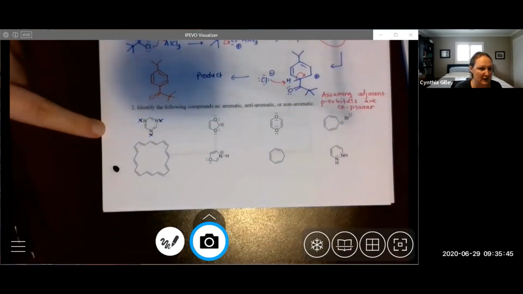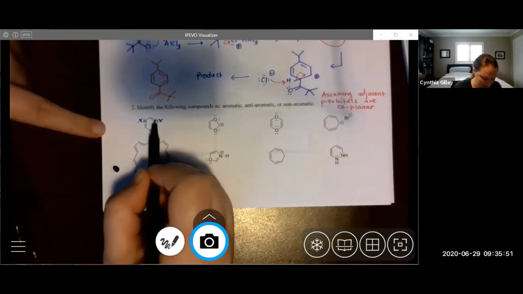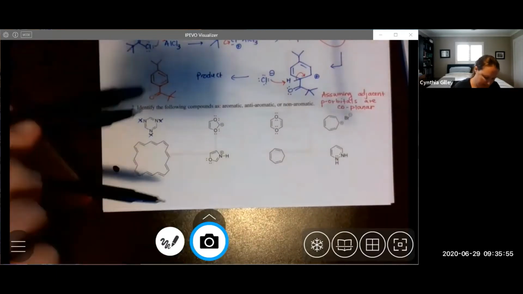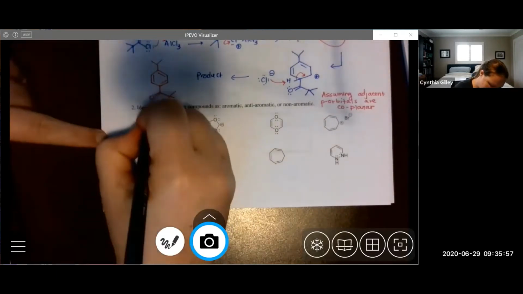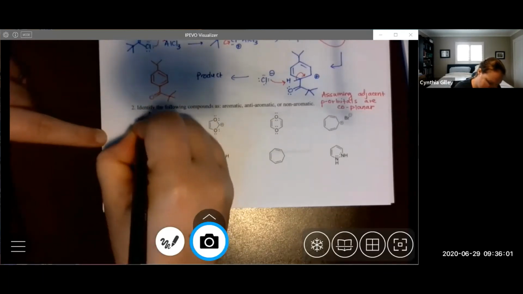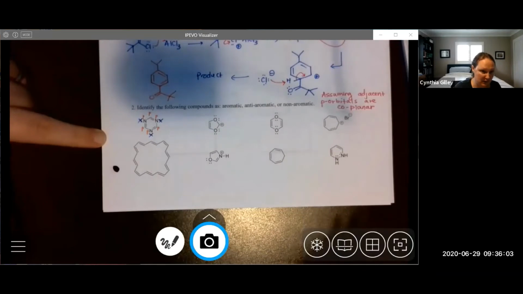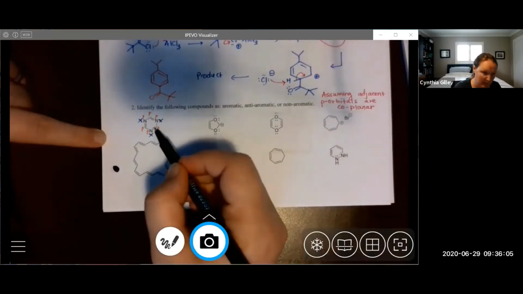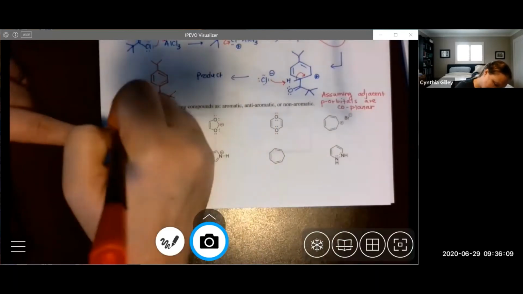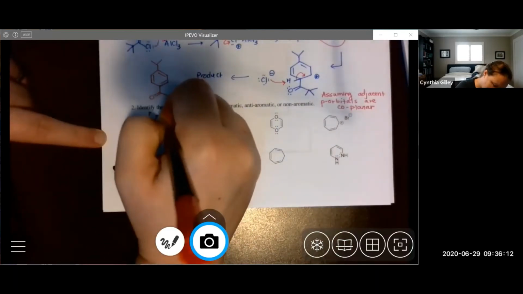Those 3 lone pairs are all in sp2 hybridized orbitals, where the p orbital on each nitrogen is part of the pi bond. So it does meet the first criterion in that there is a p orbital all the way around the ring. And if we count up the electrons in those p orbitals, there are 2 electrons for each pi bond. That's 6 electrons, which is an aromatic number of electrons, so this is aromatic.